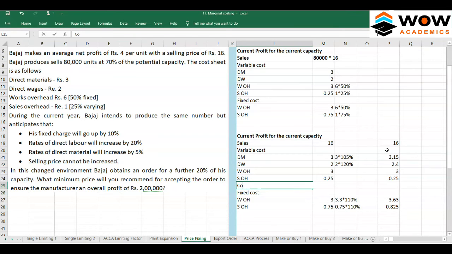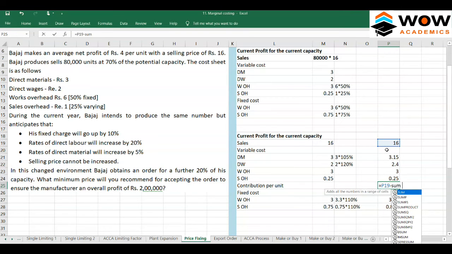So contribution per unit will be 7.2. Okay, they are getting 7.2.